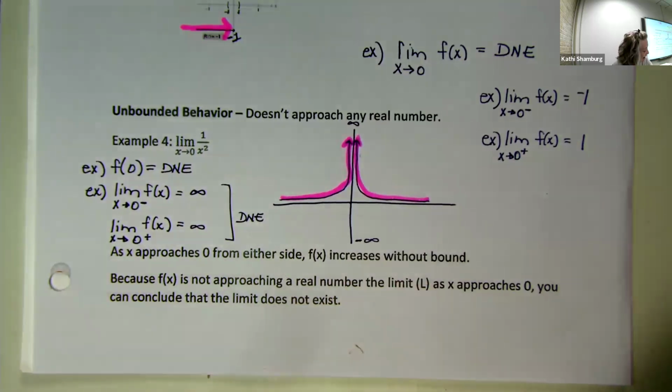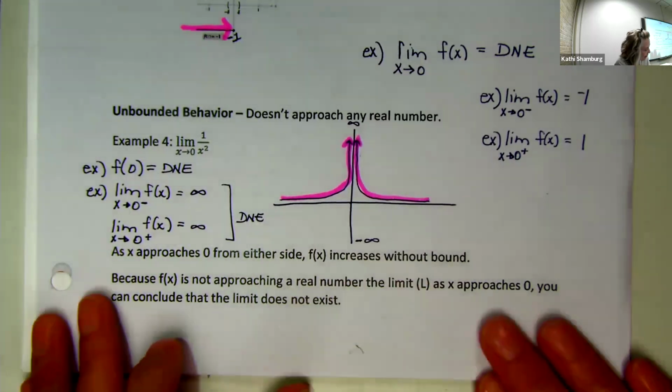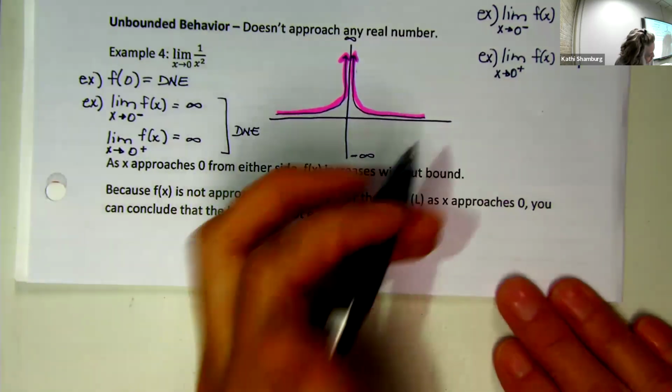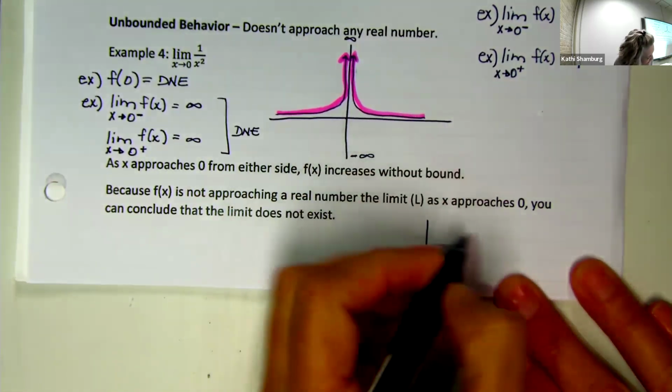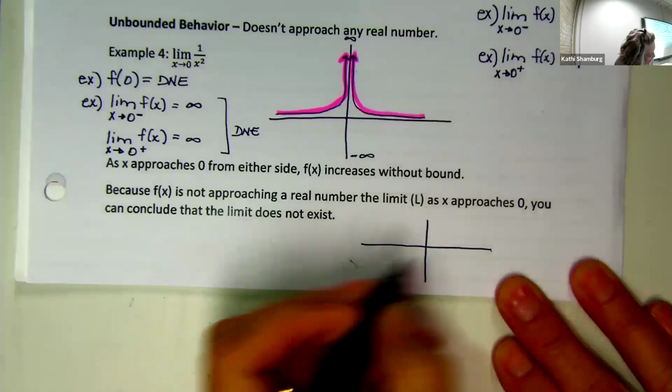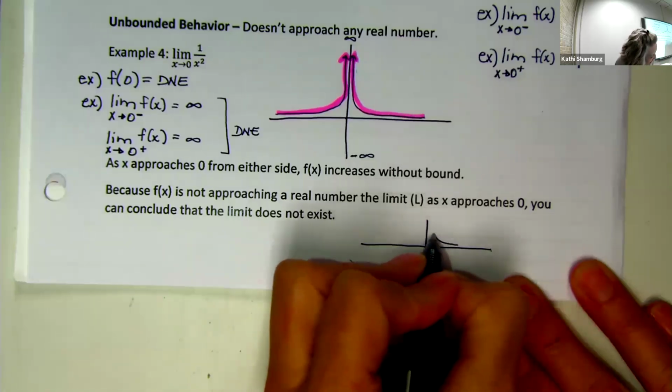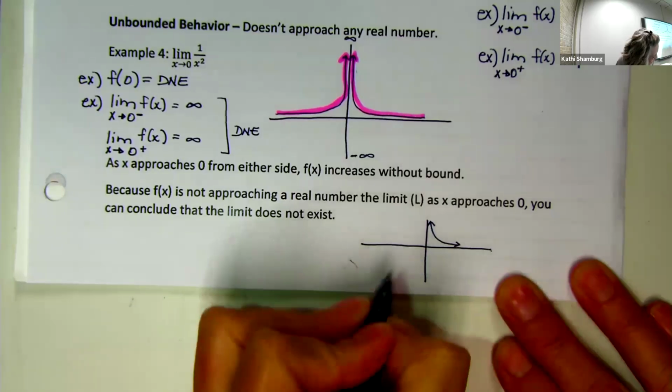Now, here's another example that is still without bound. What if our graph gave us this?